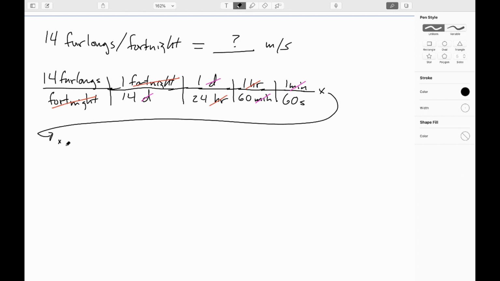So furlongs. Okay, I need a furlong in the denominator. And here, the thing that I know is more useful to me is I know that 1 mile is 8 furlongs.